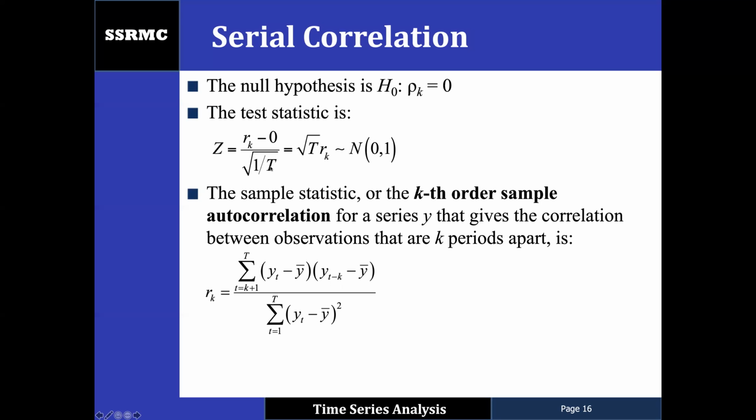We use T here just to highlight the fact that we're dealing with time series data, collected from T periods or T points of time. After standardization, this standardized correlation coefficient follows the standard normal distribution, so we can perform the test. And r_k can be calculated in this way. Those are standard formulas to calculate correlation between two variables. I will leave it to you, and the computer can help you generate that coefficient.